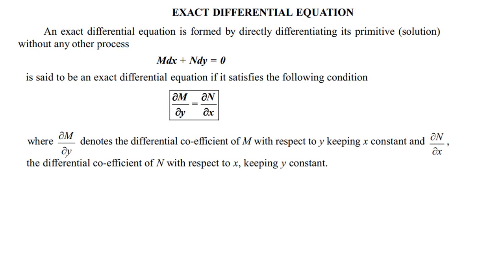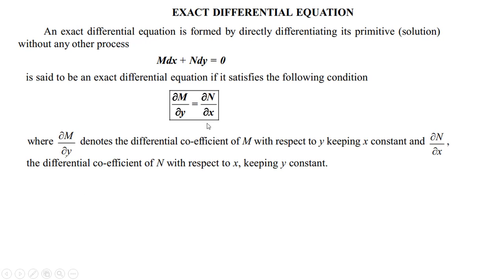This is what I was just explaining, where ∂M/∂y denotes the differential coefficient of M with respect to y, keeping x constant, and ∂N/∂x the differential coefficient of N with respect to x, keeping y constant.